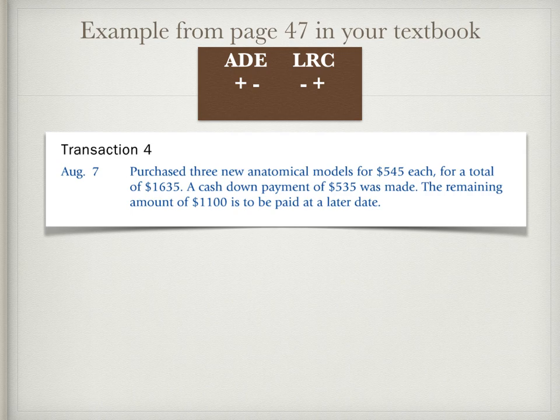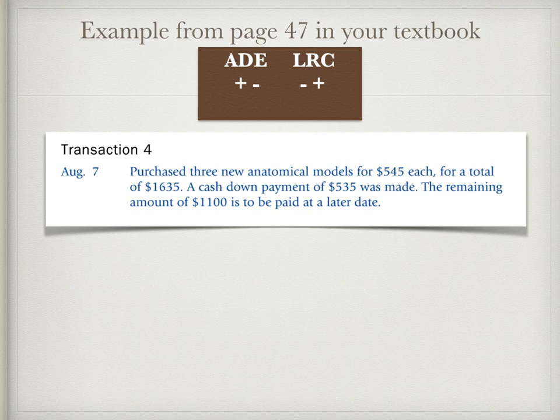Let's take a look at transaction number 4. On August the 7th, we purchased 3 new anatomical models for $545 each, for a total of $1,635. So what's important here is that we bought equipment totaling $1,635. So our equipment is going up.